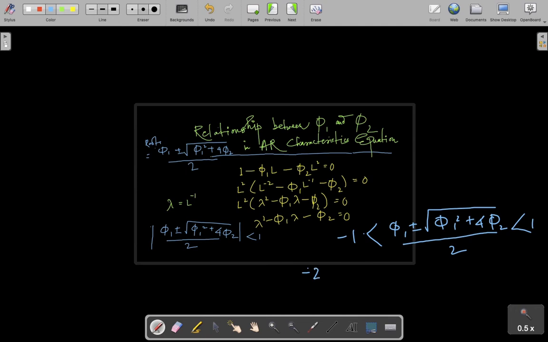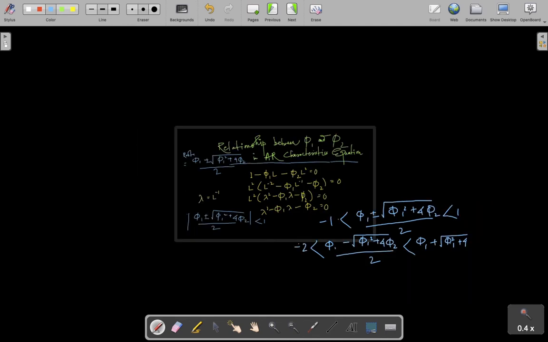So I can write like this: phi 1 minus square root of this value, phi 1 square plus 4 phi 2, by 2, is less than phi 1 plus square root of phi 1 square plus 4 phi 2, by 2.